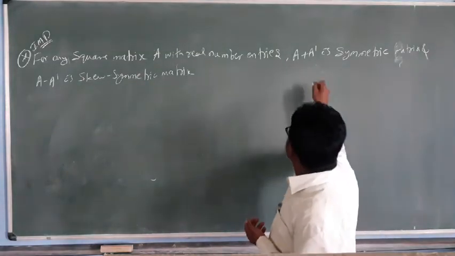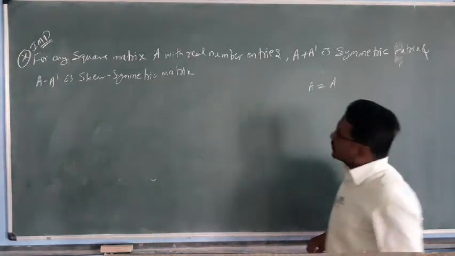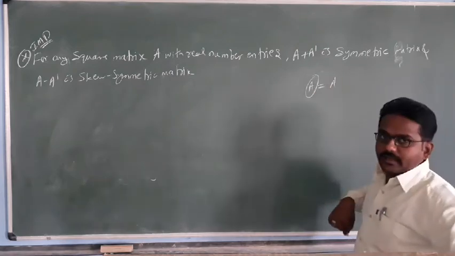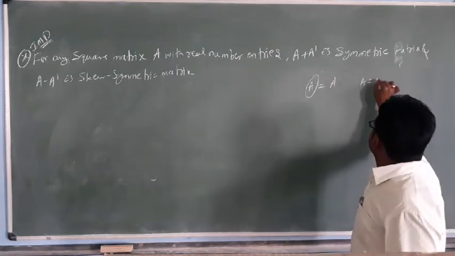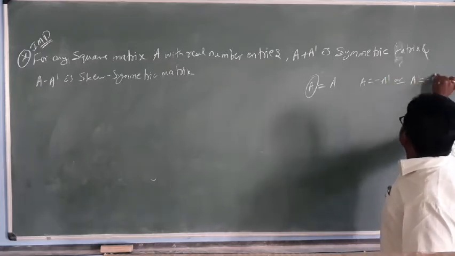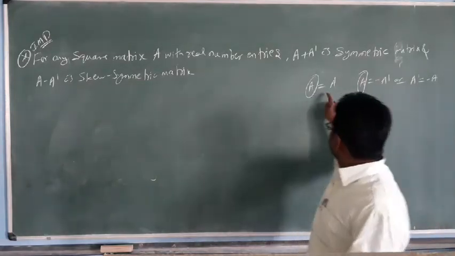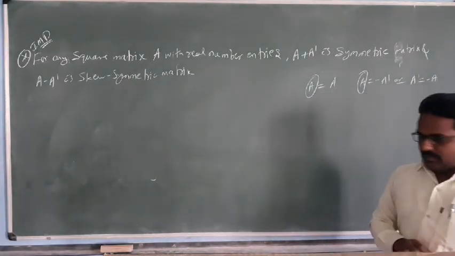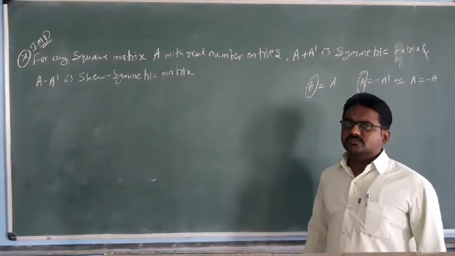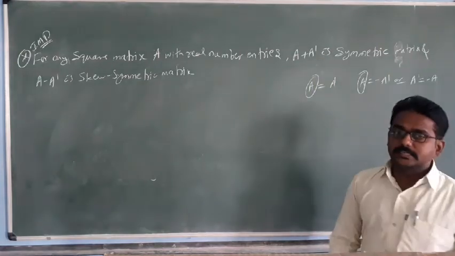So symmetric means if A is a matrix and I obtain A equal to A dash, then it is symmetric. If A equals minus A dash, or A dash equals minus A, then A becomes skew symmetric. This is the main concept. Already you know the definition of symmetric and skew symmetric matrices, so the same concept we have to apply here.